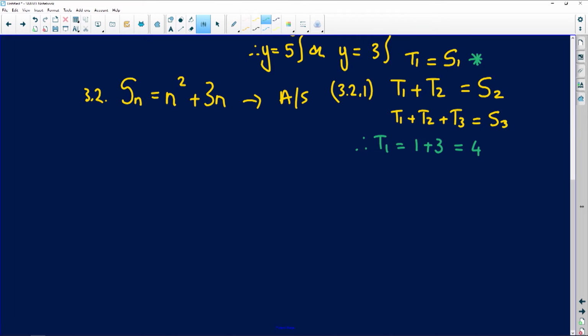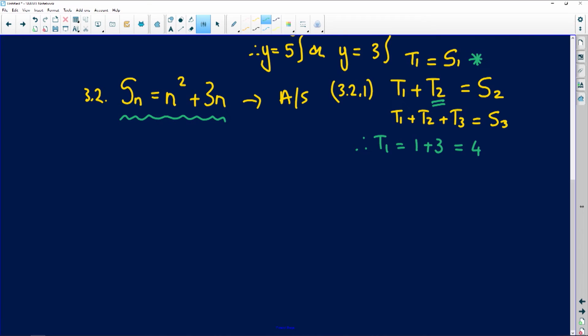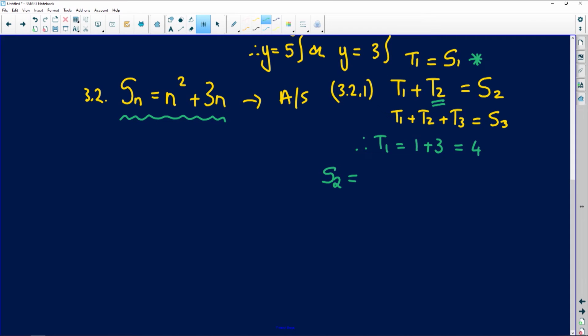Okay, so now remember what they asked us actually. They asked us for term 2. I needed term 1. Why did I need it? Because I've got Sn. So I can find S2 over here. So I'm going to say S2 is equal to term 1 plus term 2.